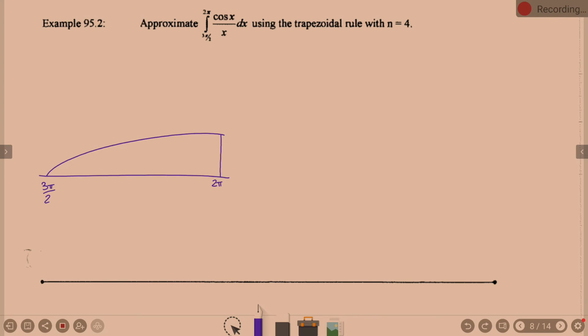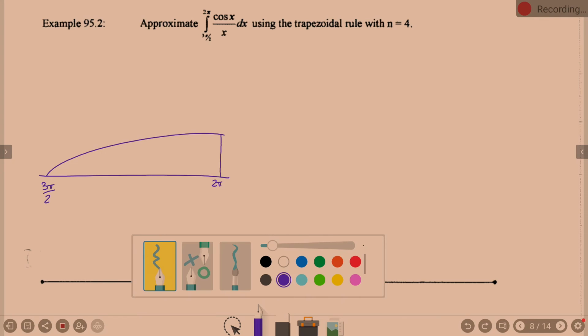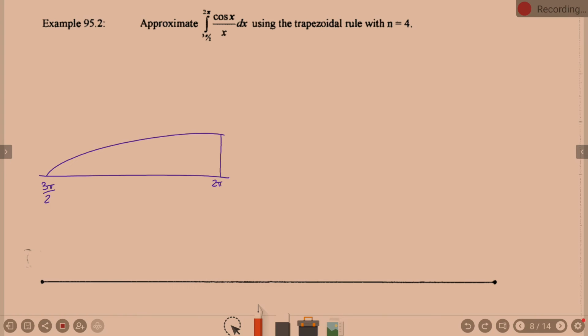Now, we wanted 4 intervals, yes? How wide is each interval? And this is where last time it was doable to say 1/2. This time, 5 pi over what'd you say? 5 pi over 8. No. So if I do b minus a, 2 pi minus 3 pi over 2, divided by n, which we are going with 4 intervals again.